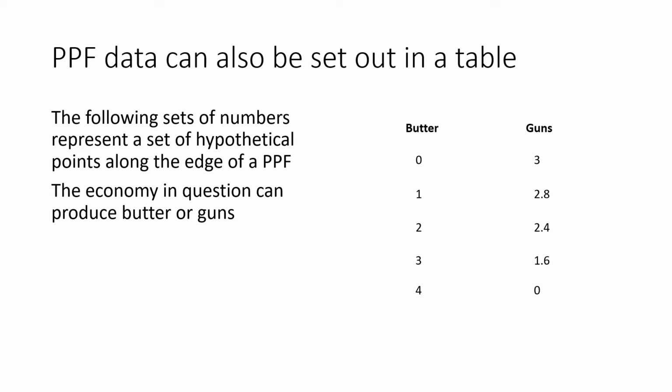But if we look at the margin, the marginal opportunity cost of producing just the 4th unit alone is 1.6 guns given up. This is the concept of marginality.